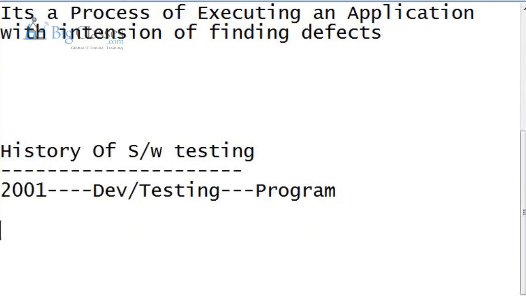And one question is, why do we need to maintain separate testing engineers? Why do we need to maintain a separate testing team for the testing process? Why not both done by the same person? Anyone? Do you understand the question?